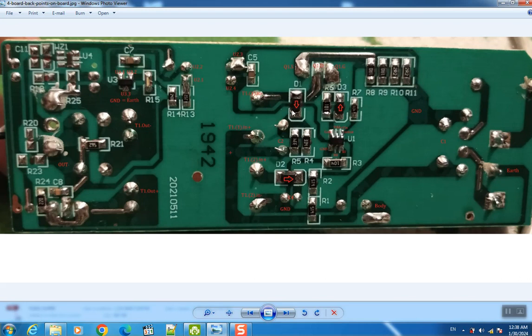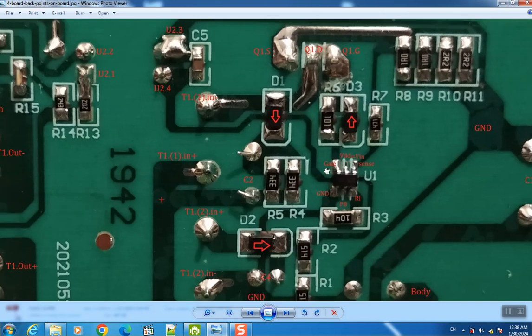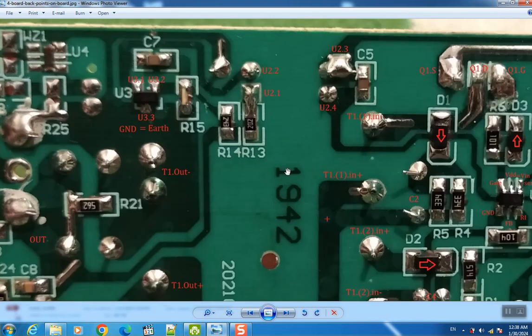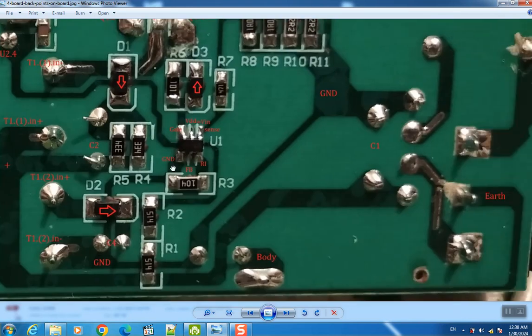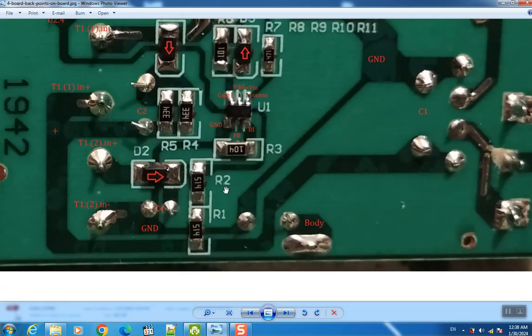And I determined the direction of diodes here according to the diagram. So this image can help us to find out easily the pins of some units.